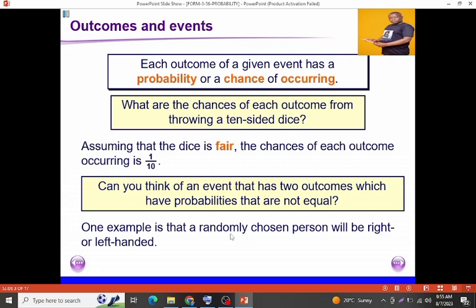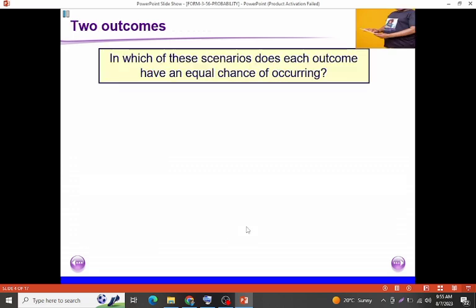You can think about other examples. Now, look at these examples of events and say whether in each of these scenarios the outcomes are going to be equal, or will have an equal chance of occurring. For example, the probability that it's going to rain. It will rain tomorrow.